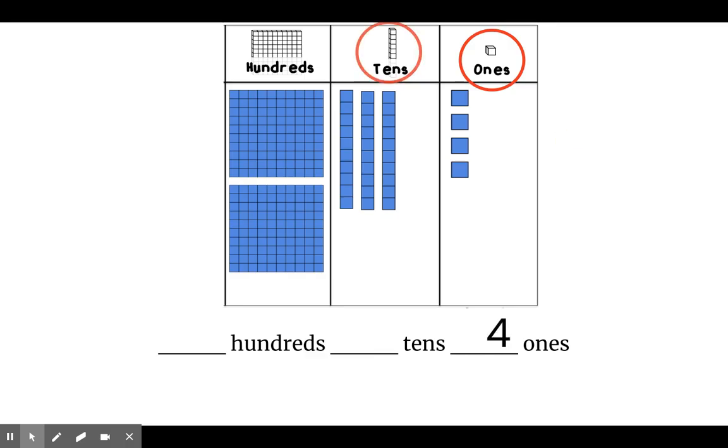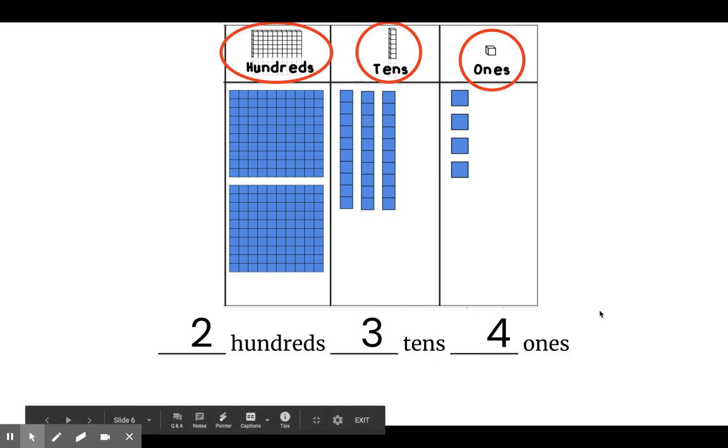Great. Now let's do our tens. How many tens place value blocks do I have? 3. I have 3 tens. And let's look at our hundreds. How many hundreds place value blocks do I have? 2. 2 hundreds, 3 tens, 4 ones.